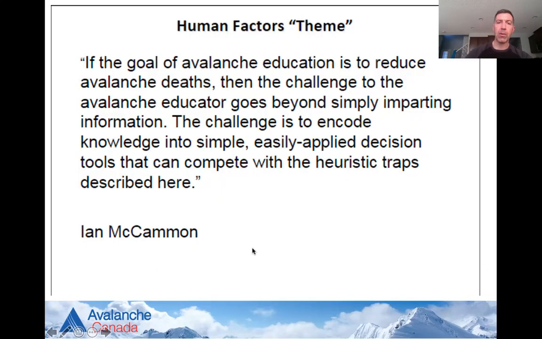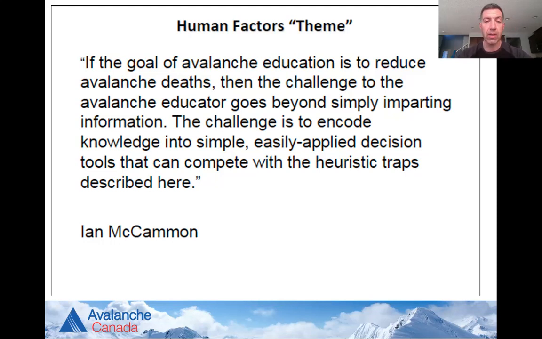So a little introduction to human factors then. If the goal of avalanche education is to reduce avalanche deaths, then the challenge to the avalanche educator goes beyond simply imparting information. The challenge is to encode knowledge into simple, easily applied decision tools that can compete with the heuristic traps described here. So one of the things that we're going to introduce you to, and I've already started that, is the evaluator tool.